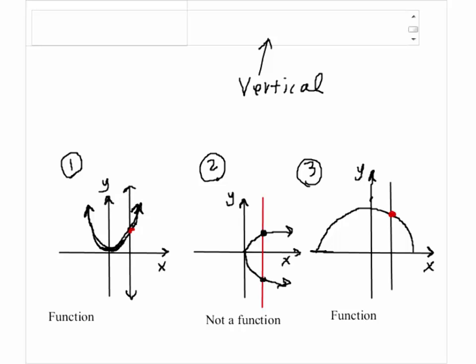So the last one, you have a semicircle on top of the x-axis. Since a vertical line crosses the semicircle only once, this is a function as well.